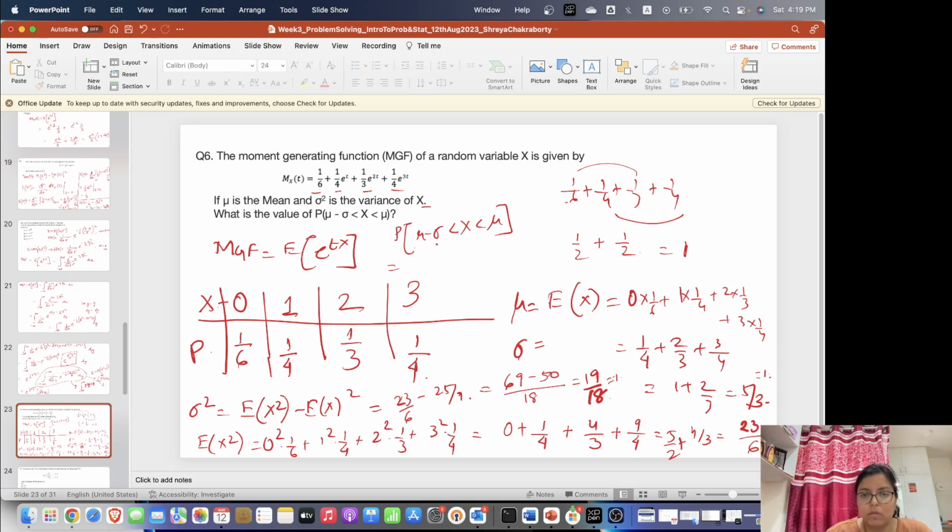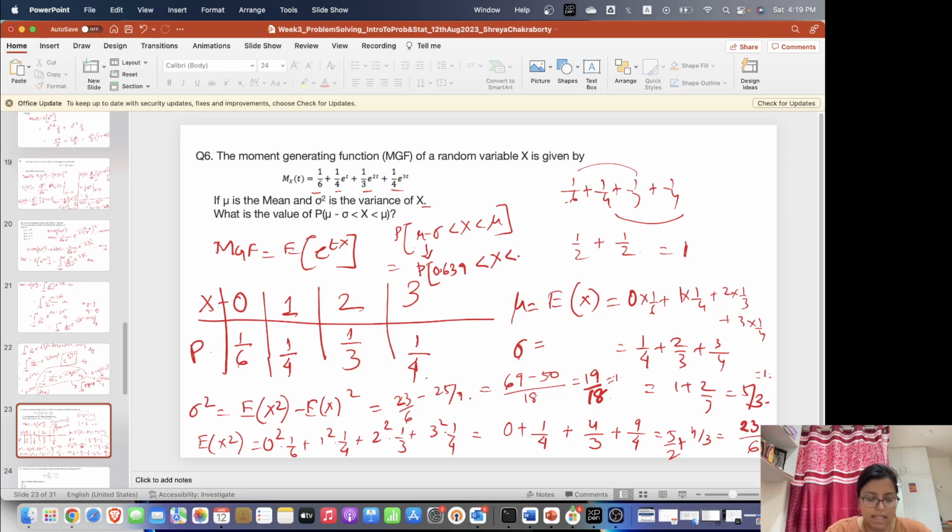So mu is 5 by 3. So if we do 5 divided by 3 minus square root of 19 divided by 18, this quantity is 0.639 something.